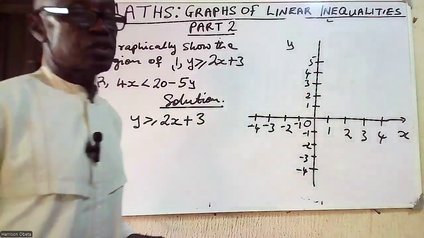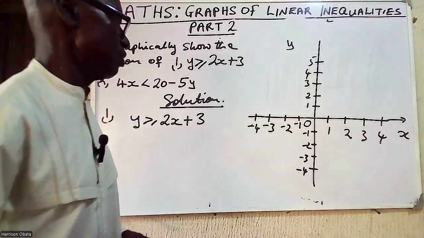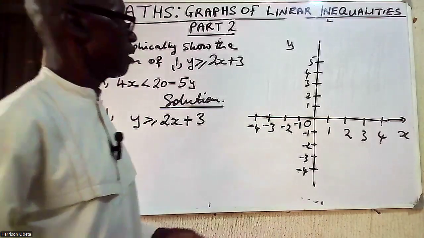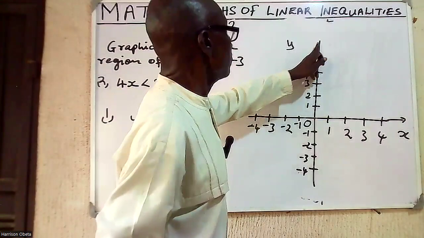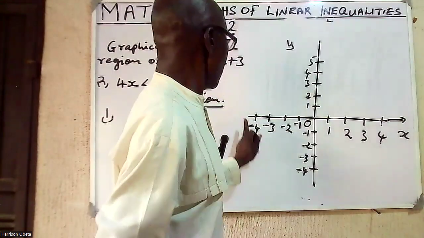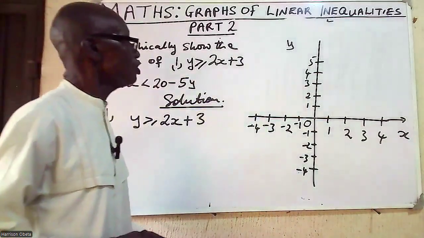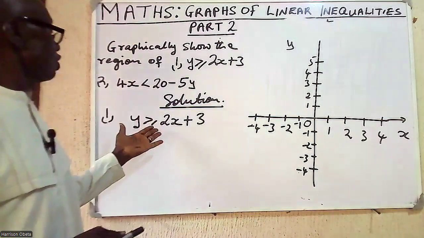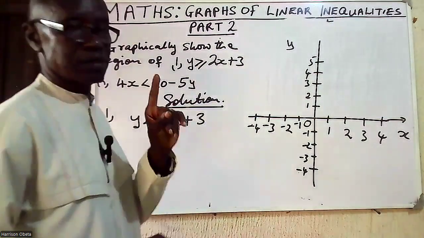Remember what I said earlier when I was treating ordinary graphs, that x is always 0 on the y-axis, and y is always 0 on the x-axis. This is the equation of a straight line, because the highest power here is 1.